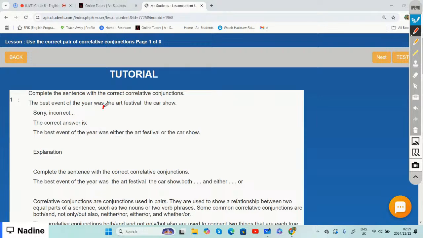Do we say it was either the art festival or the car show? So it was either the art festival or the car show. That was the two best events or highlights of the year. So we used either or.